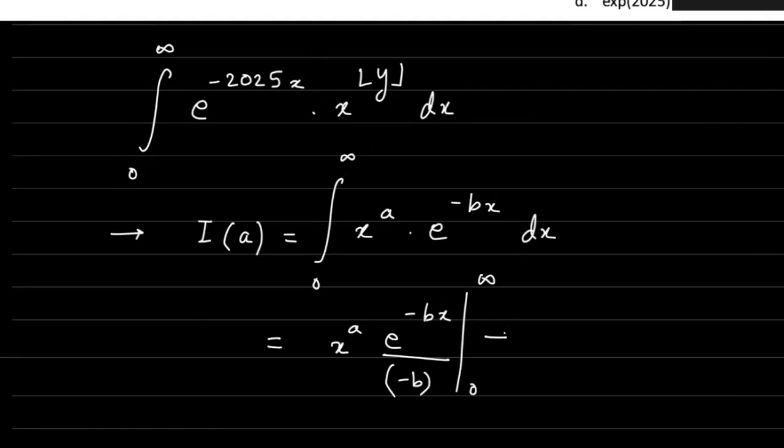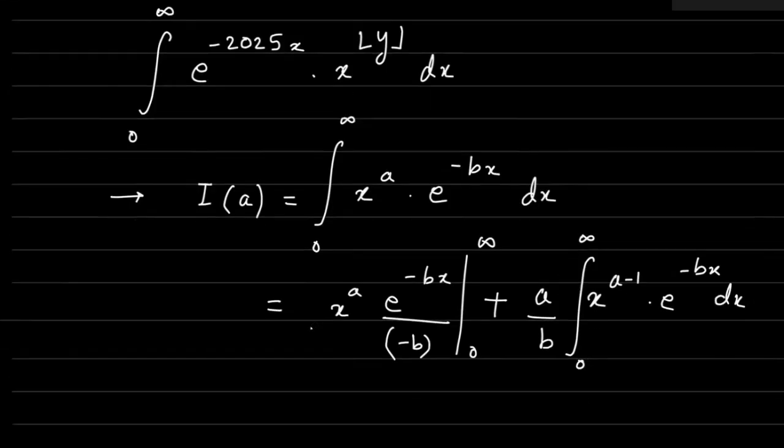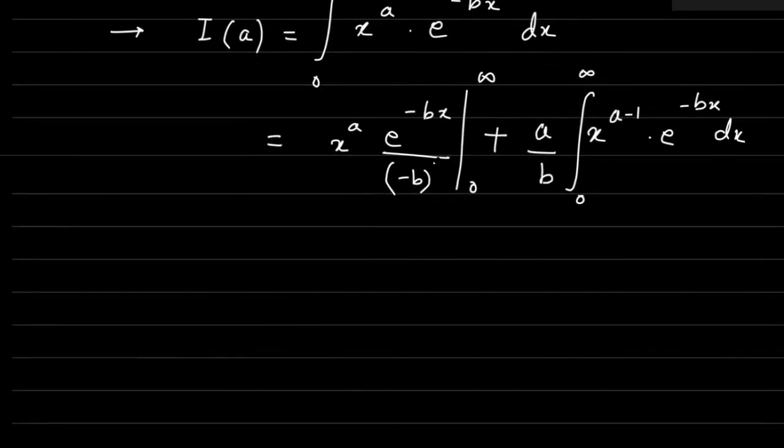After putting the limits, you'll notice that it goes to 0. And then you differentiate the first function, you'll get a into x to the power a minus 1, and this integral of e to the power minus bx dx. Okay. So now you can see that this will go to 0. You can apply L'Hopital, whatever you call it, and it will become a by b times I of a minus 1.